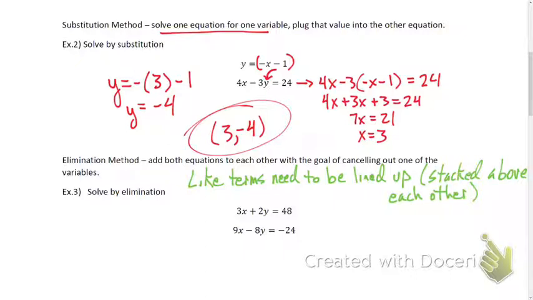So you randomly pick one of the letters to cancel out. Let's pick x. You could have picked y. Doesn't matter.